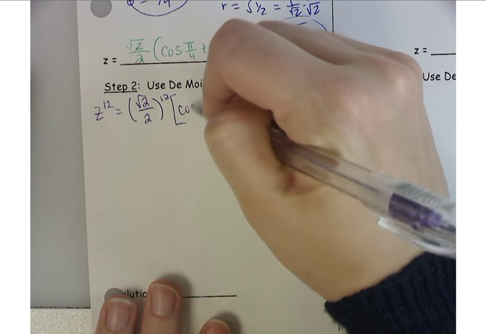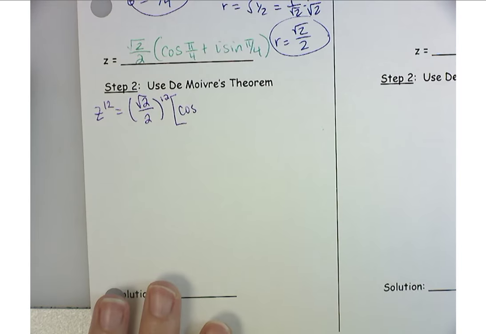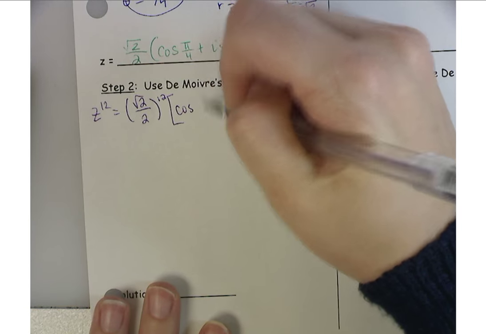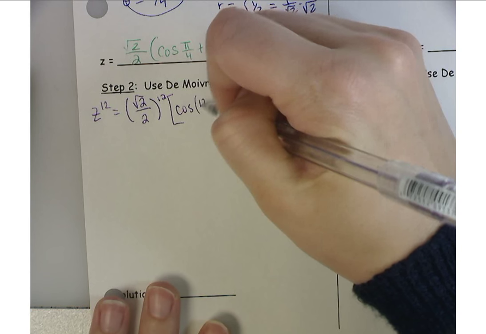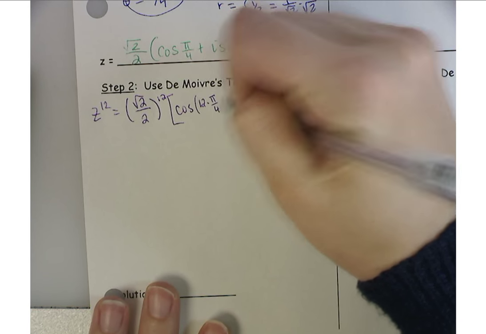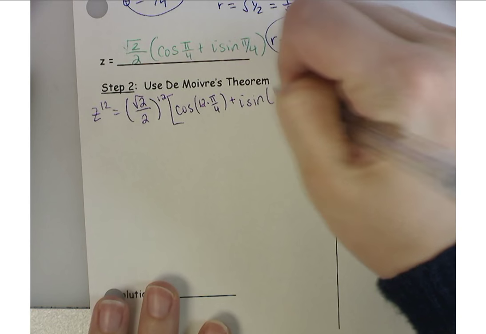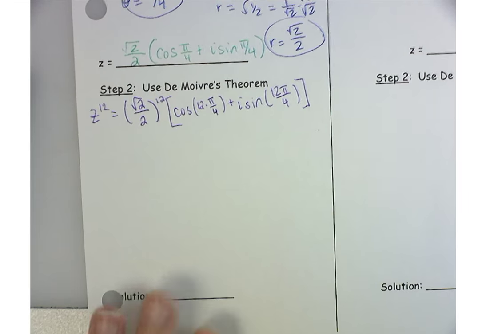And then the cosine, we are going to simplify, yeah. So the cosine of 12 times pi over 4 plus i sine, and I'm just going to write this one as 12 pi over 4 like this.